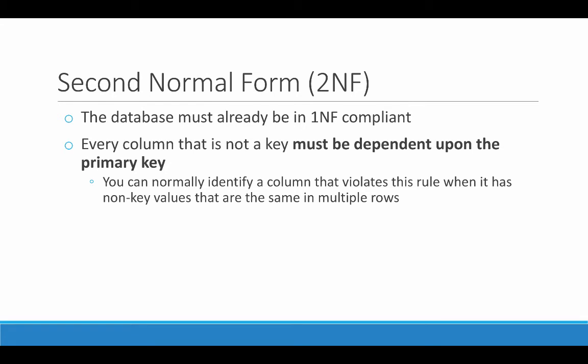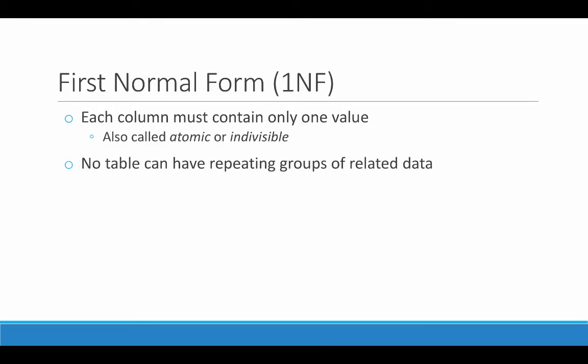The second normal form, or 2NF, says, first of all, the database must already be 1NF compliant, meaning you've already gone in and made sure that every column can only contain one value.